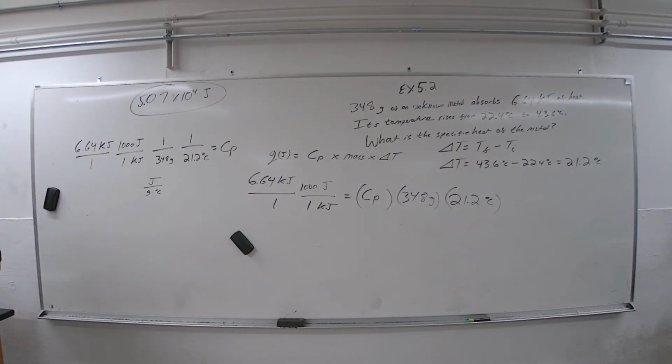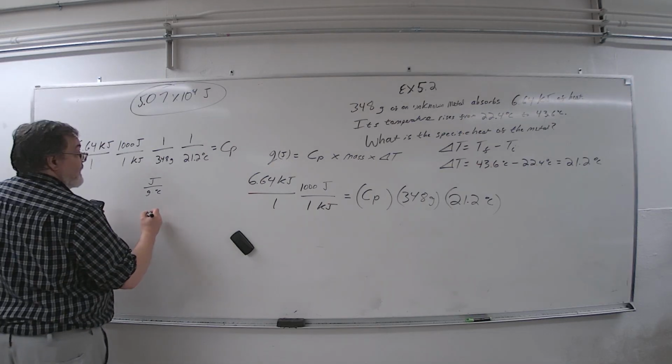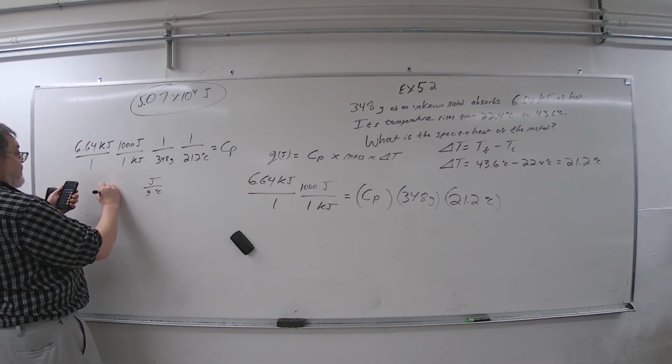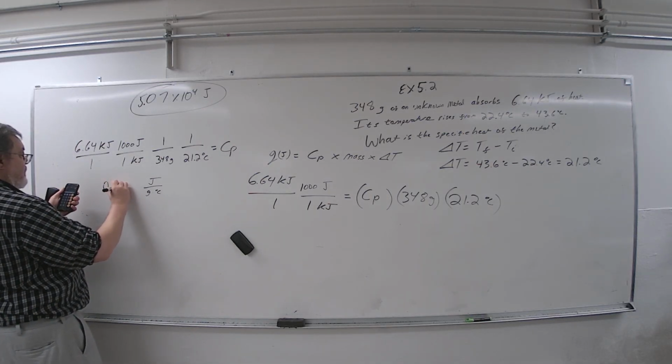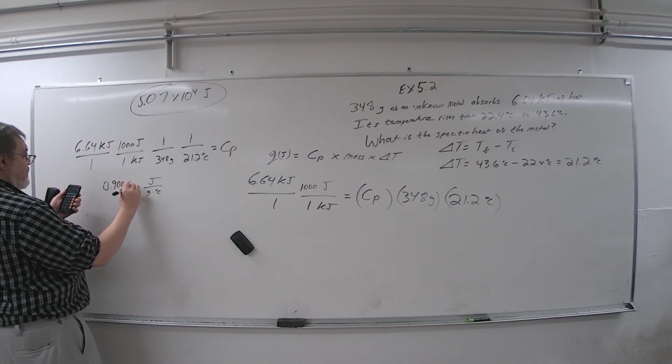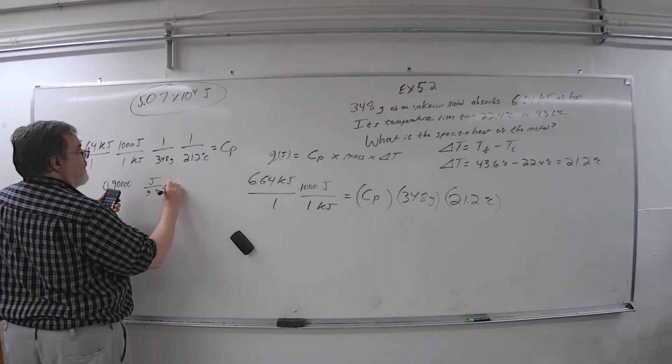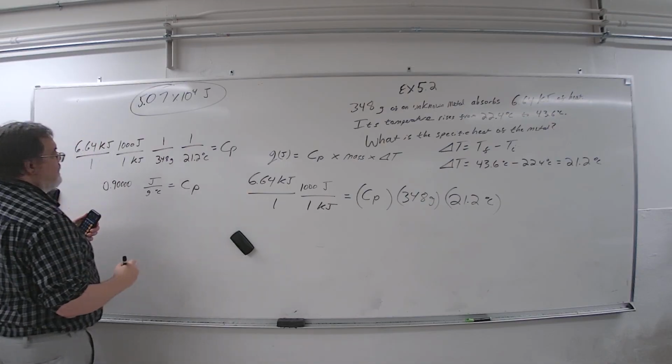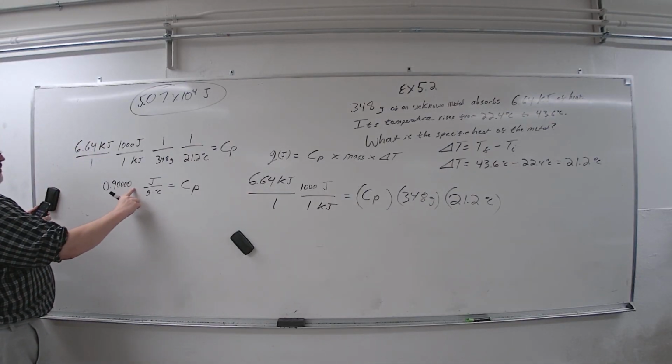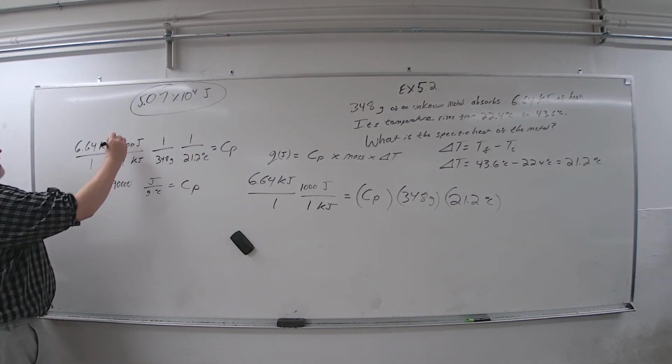Let's see what we get. Times 1,000 divided by 348 divided by 21.2. I get... I've got a few more digits here, but I know we don't need them.